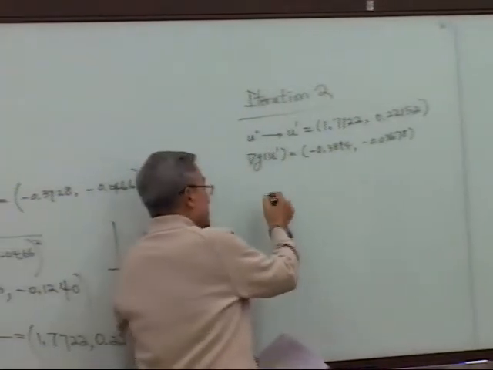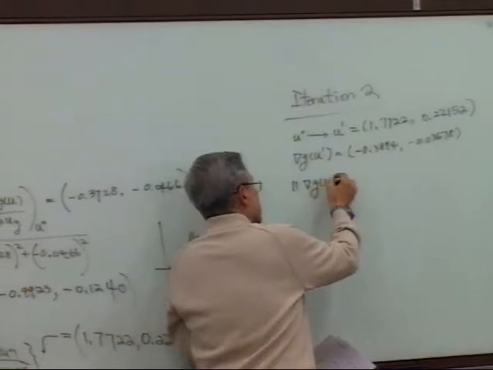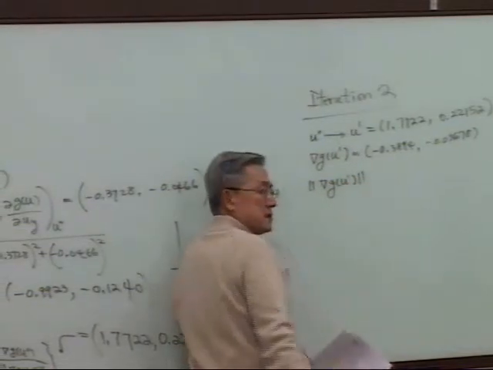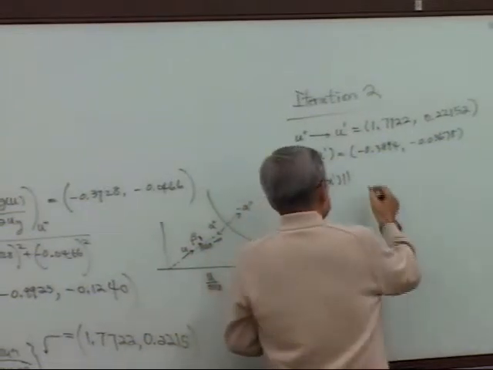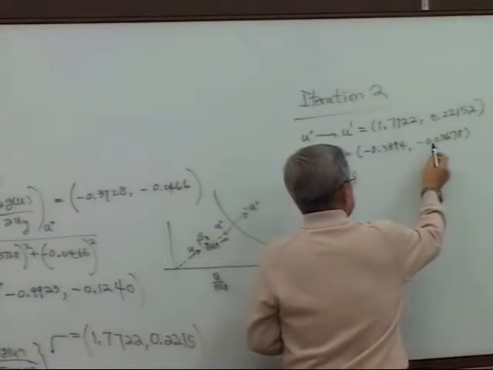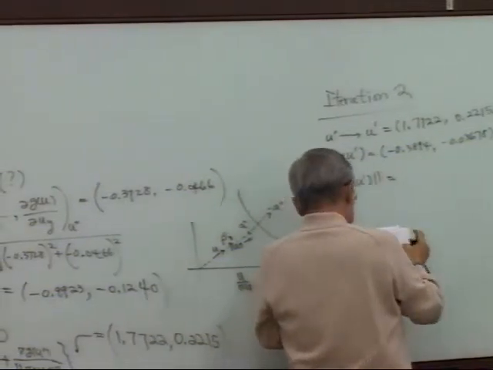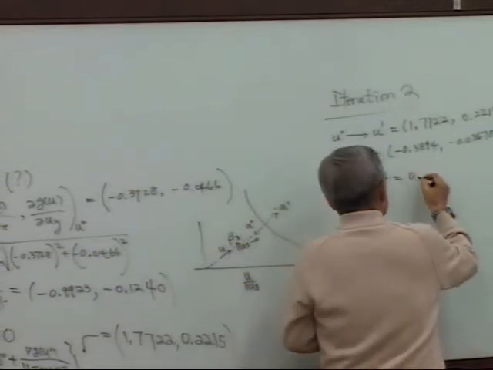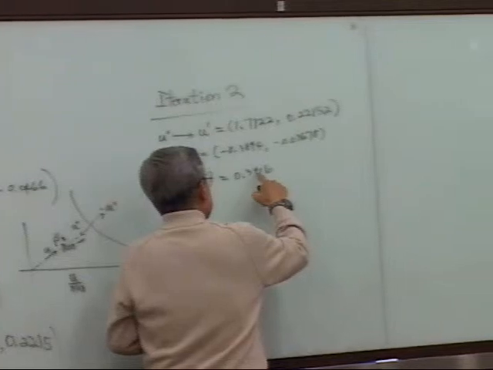What's the next value? Delta G U1. This is simply the square root of this guy's square plus that guy's square, because this is simply the norm. The norm is 0.3916.